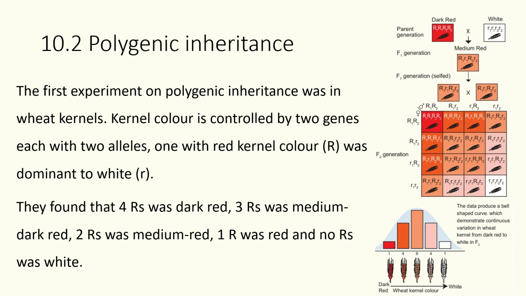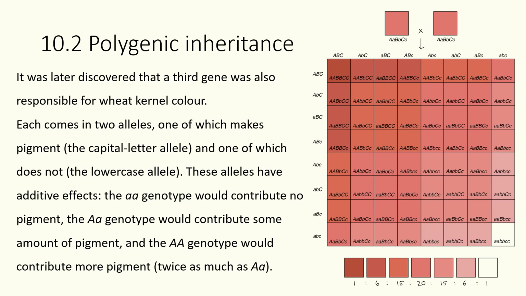So depending on what the outcome is and the mixing of those traits, then we can get a whole variety of different colors. Now the trick with this one was that they actually discovered later on that there was a 3rd gene responsible. So still polygenic, this time trigenic, okay? Each of those still comes with 2 alleles, one for red, one for white, okay?